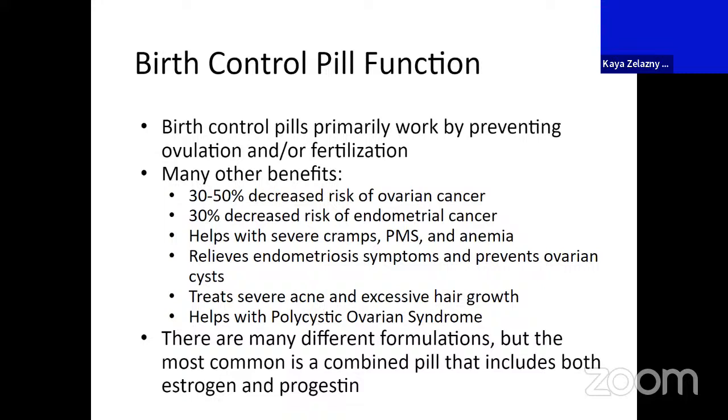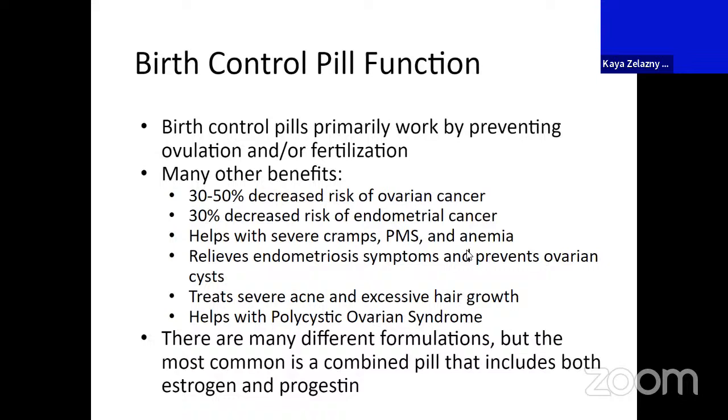Cramps that happen during the uterine cycle and during the menstrual phase, particularly as you're trying to expel the lining, can be really debilitating, as is premenstrual syndrome related to withdrawal from those hormones right before menstruation, anemia from the literal blood loss during the menstrual phase.